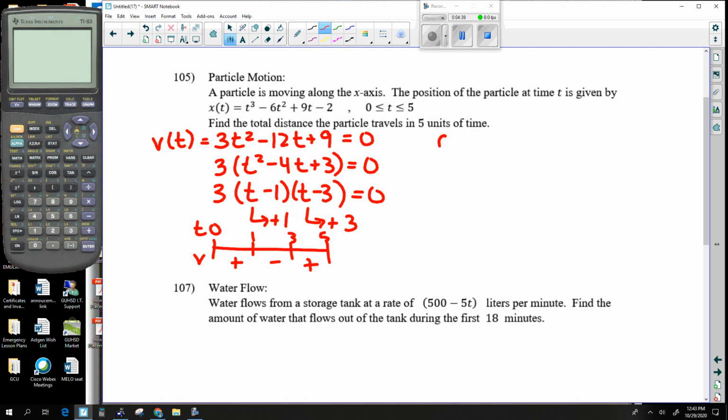Now, if I were to integrate from, for instance, like 0 to 1 or something like that, I do any integration of this velocity, what that does is it bops it back down to the position. However, it's close to the position, but it does not have the constants at the end.